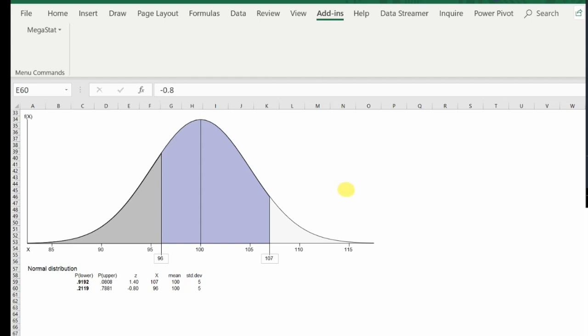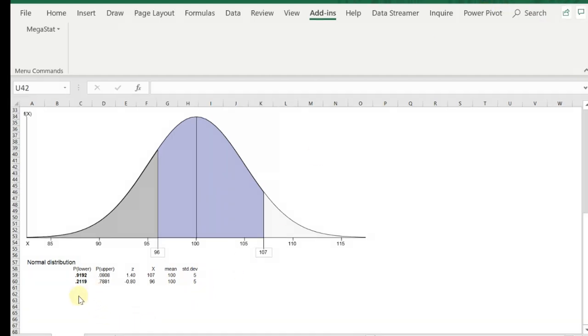Ooh, that's too large. Hold on. So we can get, again, the area by subtraction. If I subtract 0.2119 from 0.9192, I will get the 0.7075 that I had in my notebook. So that's how you get the area between.